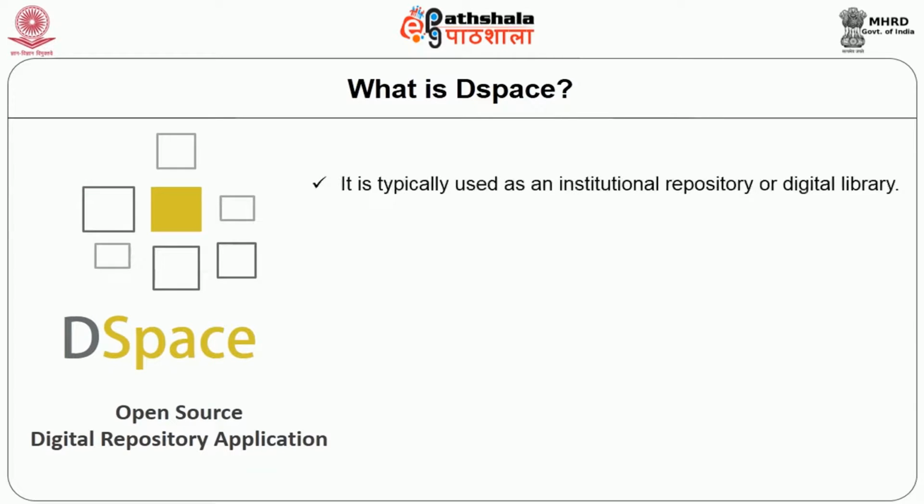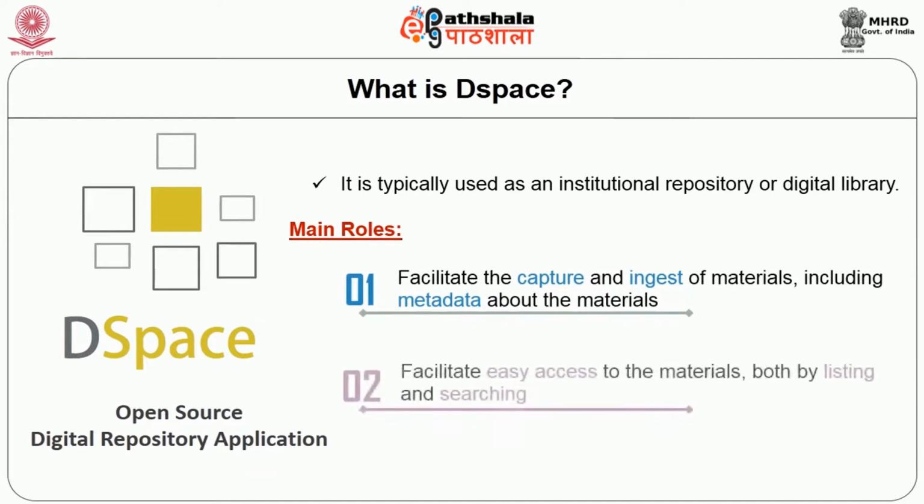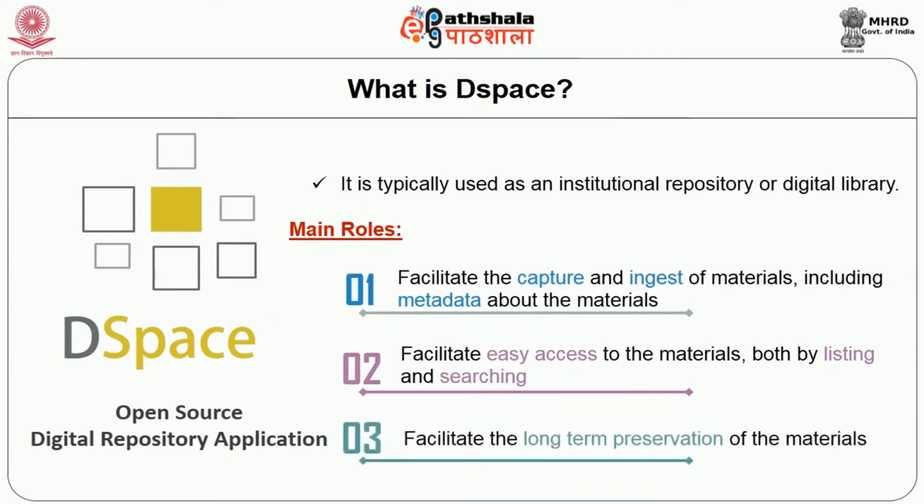So DSpace is generally used for creating an institutional repository. When it is related to an institutional repository, you can imagine that it is nothing but a small version of a digital library for the institute. And from the above definition, this has 3 roles. It facilitates capture and ingest of material, including metadata. When a piece of digital content is stored, we need to have corresponding metadata.